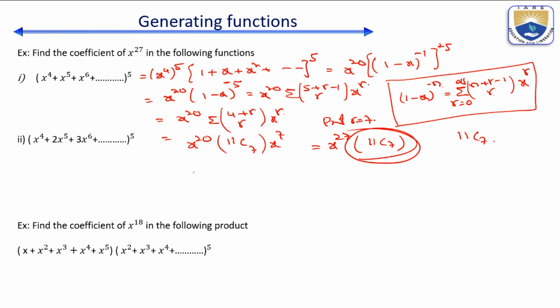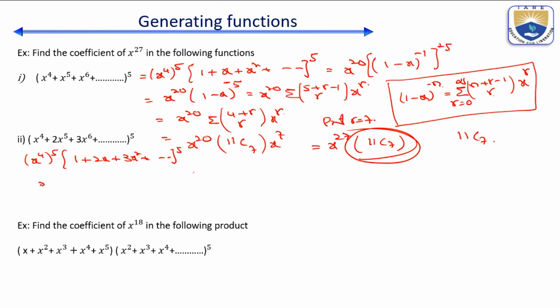In the same way, we are going to find the coefficient of x to the power of 27 in this one, which is similar to this. We have x^4 whole to the power of 5, and the expansion 1 + 2x + 3x^2 + and so on, whole to the power of 5.